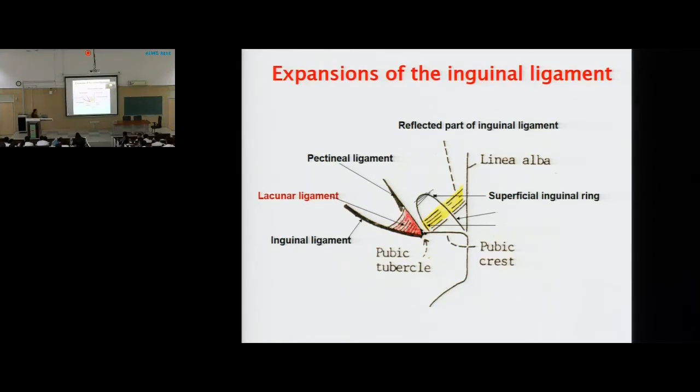So these areas become potential sites for herniation, but this gap is required because these structures have to pass through it. So there are additional modifications around to support this gap, so that herniation through these sites does not become so common. Clear? So if I ask you the modifications of the inguinal ligament, one.